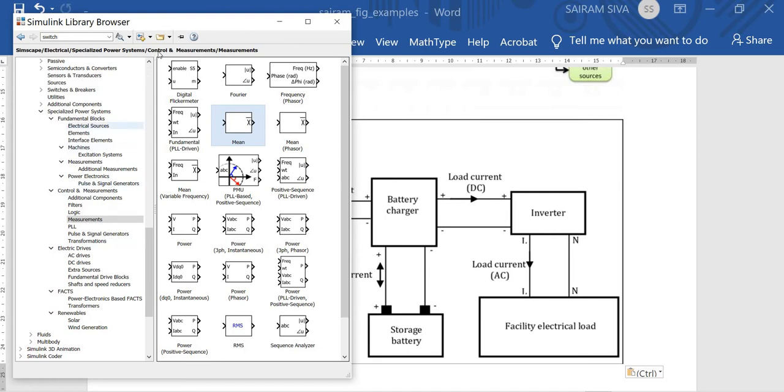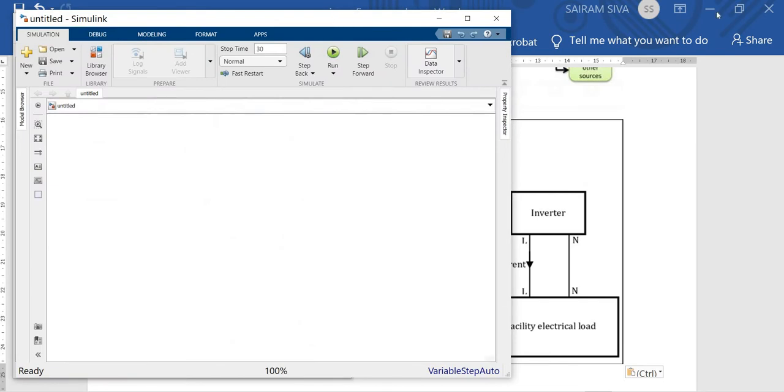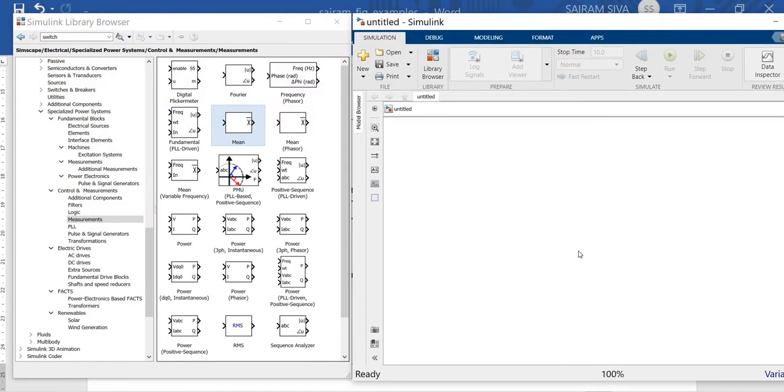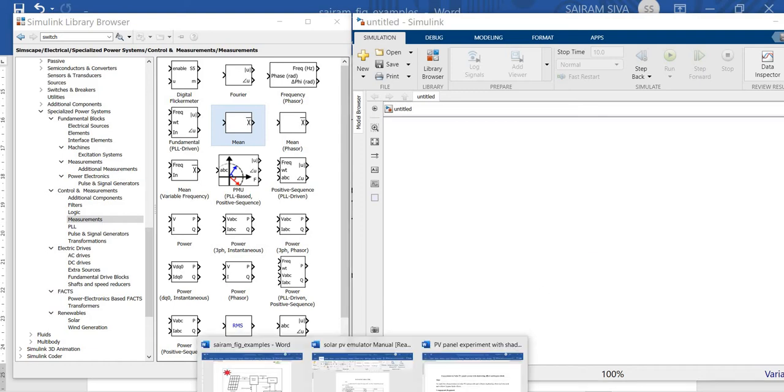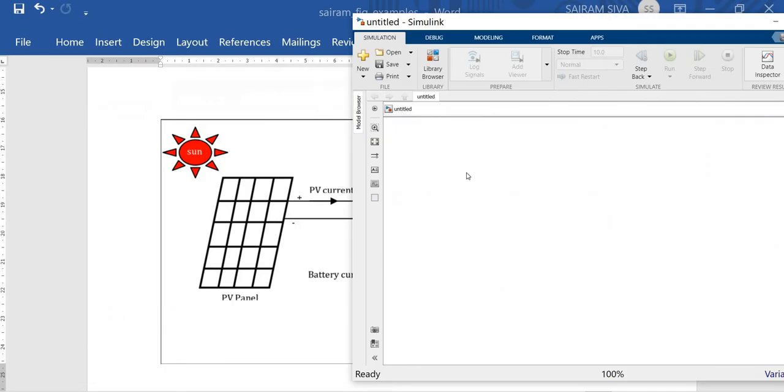First of all, the untitled page will be erased. Now we are going to draw this diagram in Simulink.